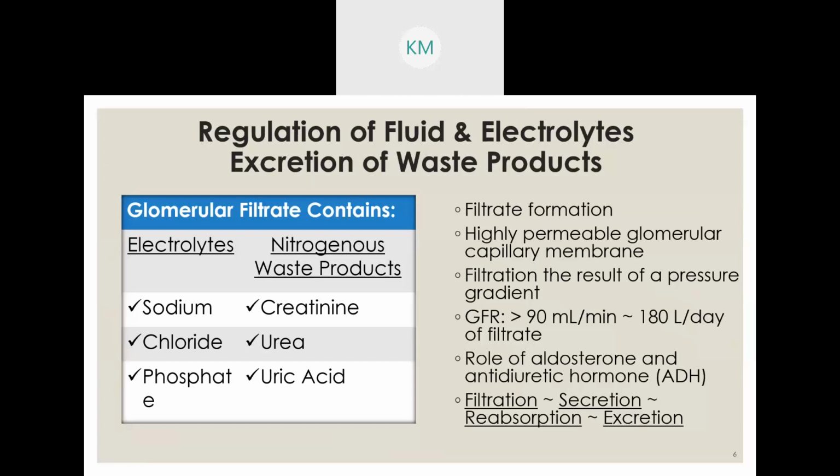Now, when you think about a pressure gradient, understand that it is simply referring to the difference between the forces that favor filtration and the pressures that oppose filtration. Generally, the capillary hydrostatic pressure favors glomerular filtration, and the colloidal osmotic pressure and the hydrostatic pressure in the Bowman's capsule oppose it.